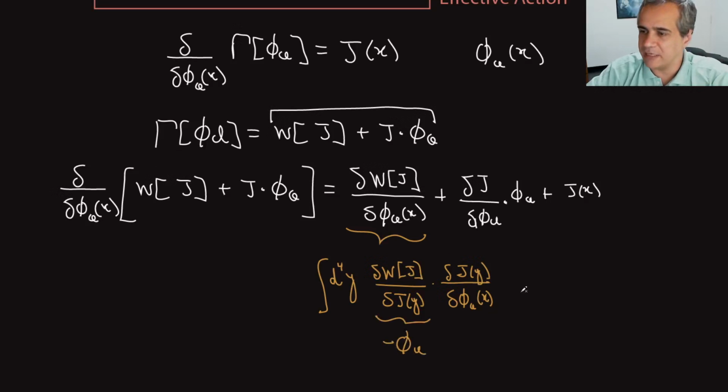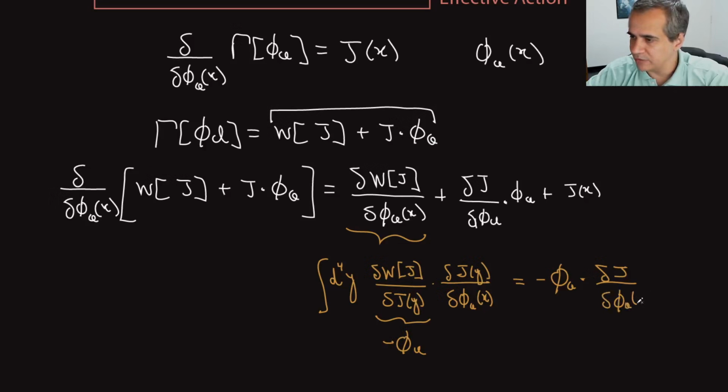So what I'm getting here is, and of course then I can write this as a scalar product again and hide this integral again. This will be phi classical scalar del J del phi classical of x, which is the same term I have here, but with a minus sign. So there is a cancellation between these two terms. And the only thing left is really this J of x.